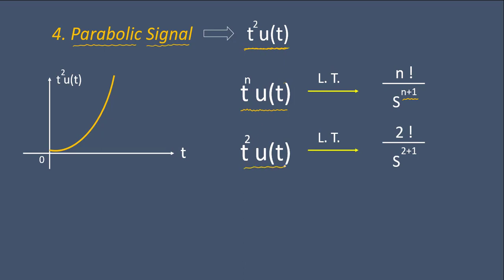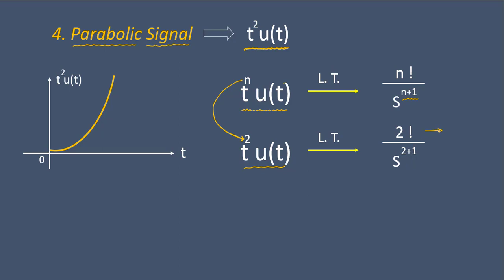If you compare both these equations, we have n factorial upon s raised to n plus 1. Here the value of n is 2. So you will have the Laplace transform of t raised to 2 u of t as 2 factorial upon s raised to 2 plus 1.